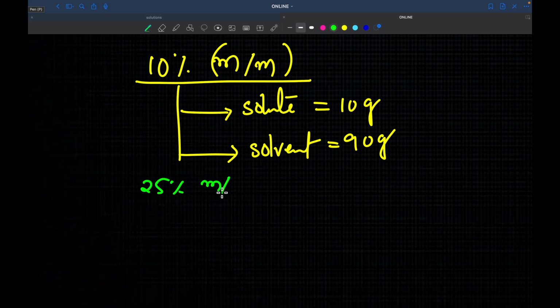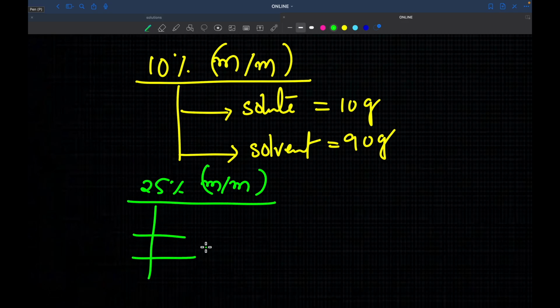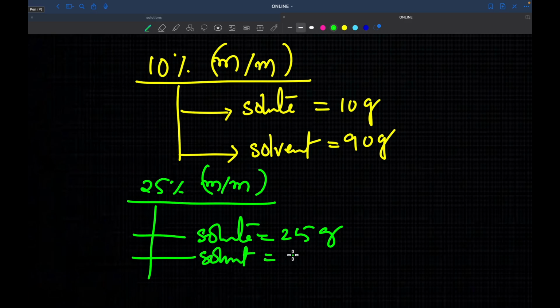What is the meaning of a 25% m by m solution? 25% means it has solute as well as solvent. So solute present in it is 25 grams and solvent present in it is how many grams? 75 grams.